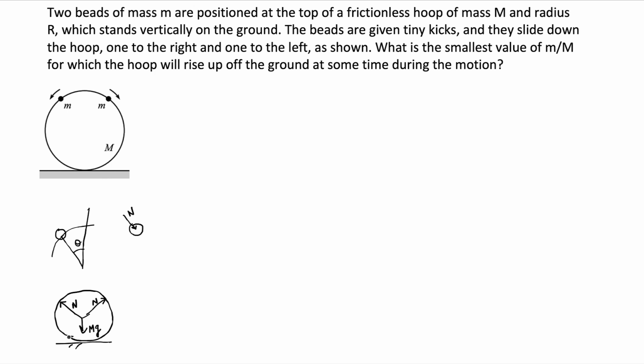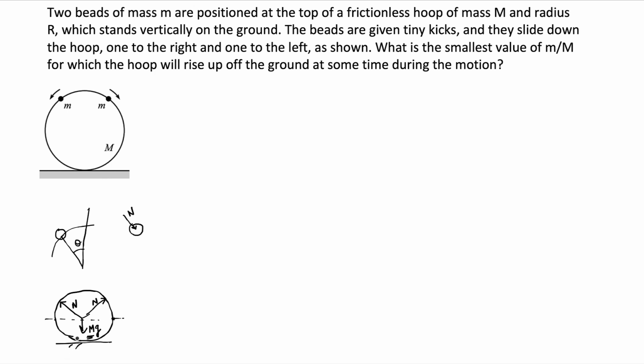This normal force will keep changing direction as we go down the hoop, and after this point the hoop certainly cannot bounce, because the normal force will act downwards, some component, and Mg is also downwards.